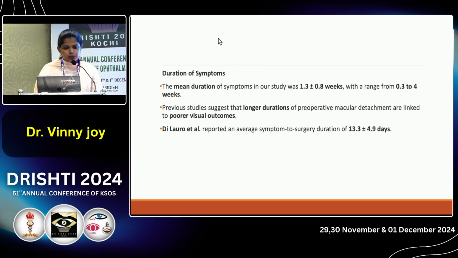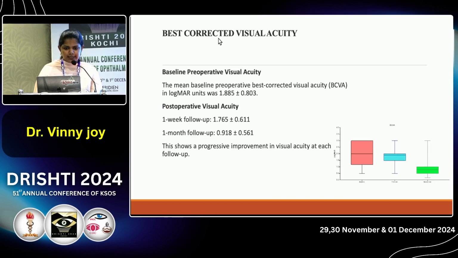Duration of the symptom was also studied. The mean duration is 1.3 plus or minus 0.8 weeks with the range from 0.3 to 4 weeks. Previous studies suggest that longer duration of preoperative macular detachments are linked with poor visual outcome. D. Laura et al. also reported an average symptom to surgery duration of 13.3 plus or minus 4.9 days.